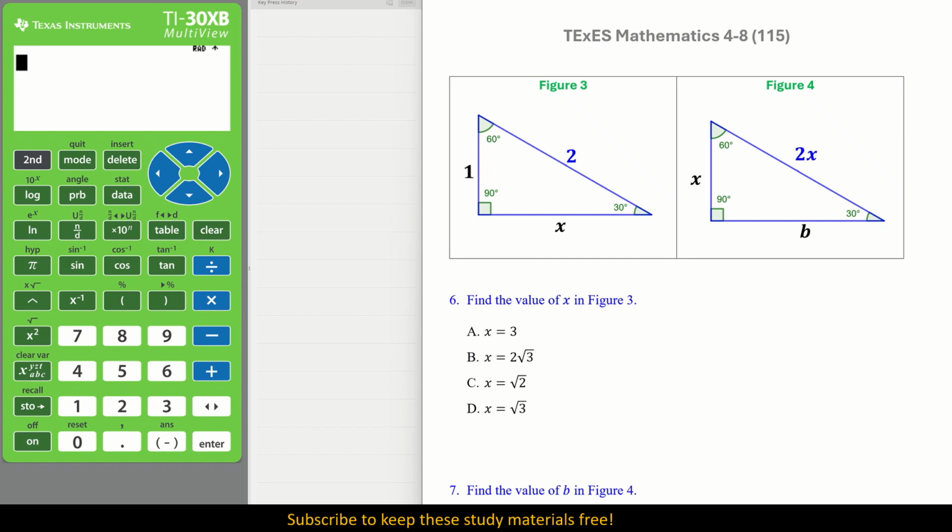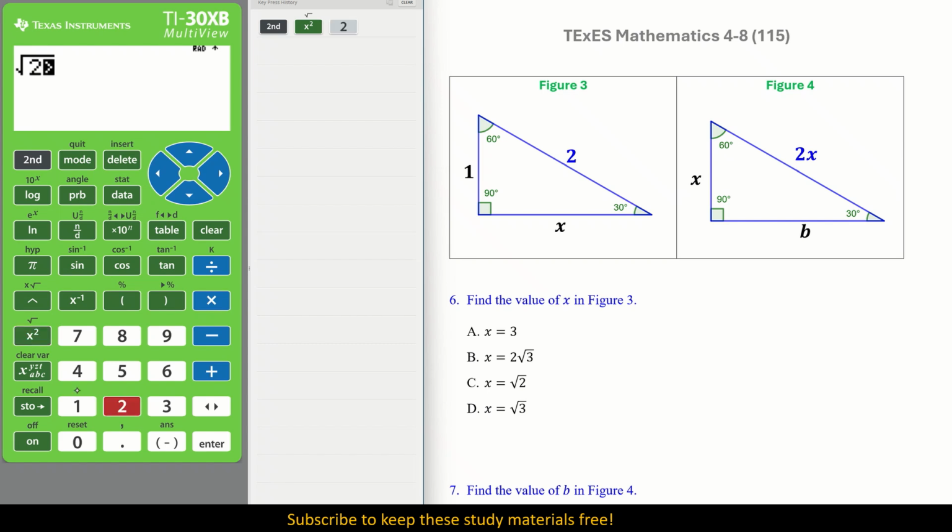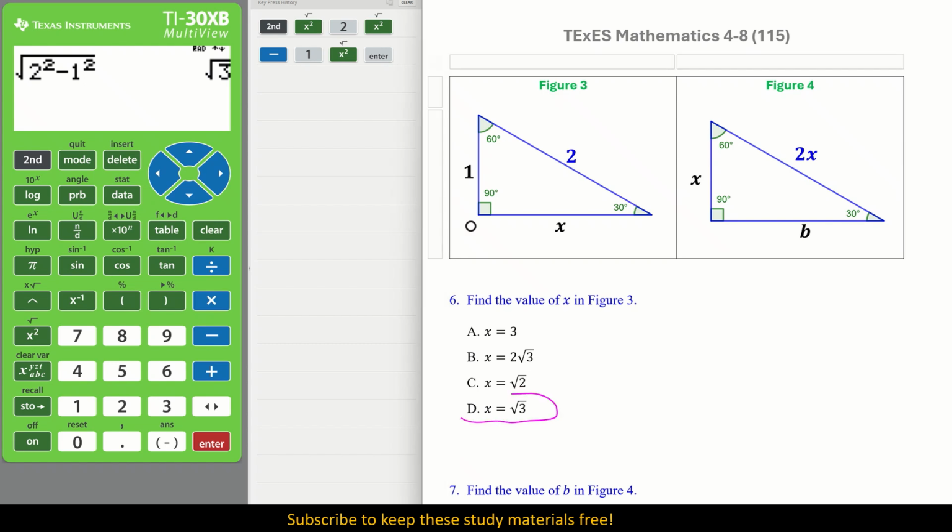But I call it a 1, 2, 3, and you'll see why. So second radical, and to find x, we need 2 squared minus 1 squared. Okay, I've entered it correctly. And that is the square root of 3. That's where I get the 1, 2, 3 from.